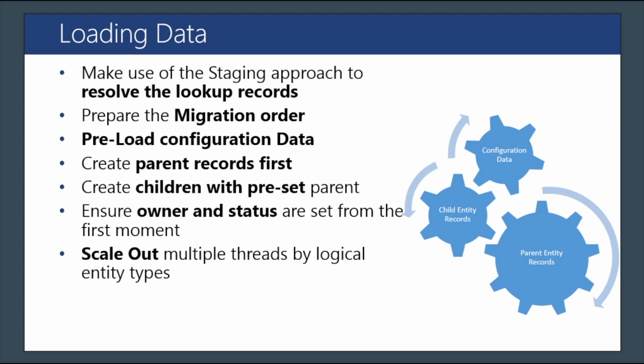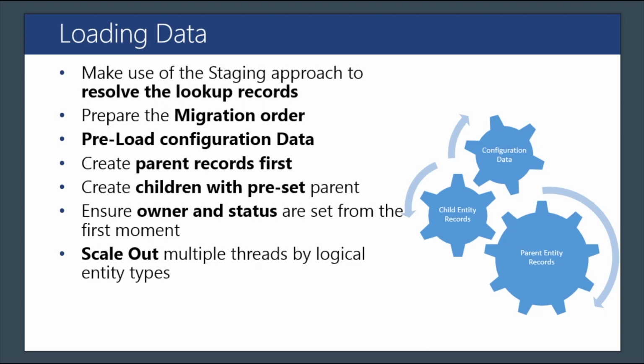So setting the owner at migration time, or there are some records where you can establish the status already when you're migrating it. Some others you can't, and you just migrate them as active, and then set them as closed or whatever other status you've got in that record.